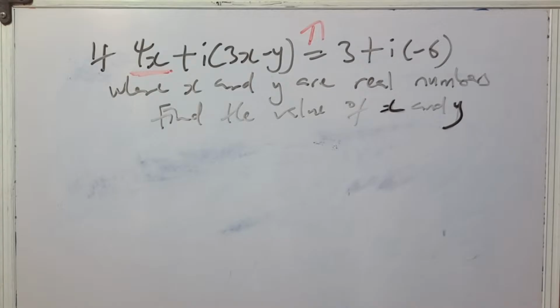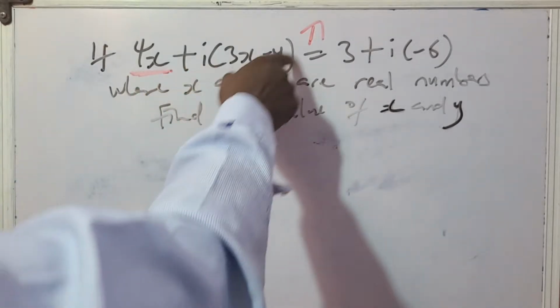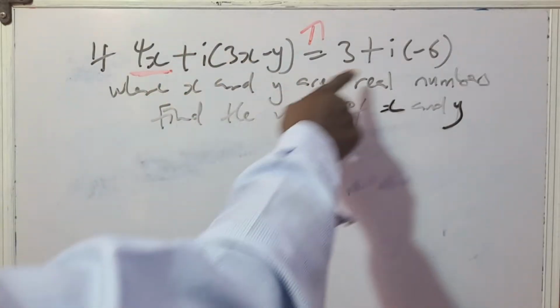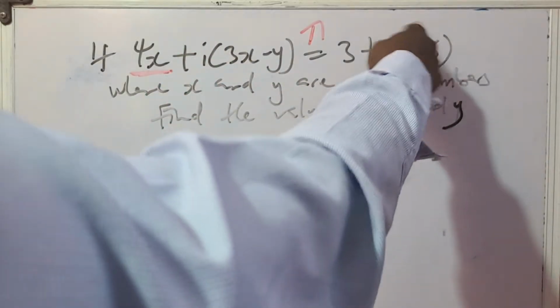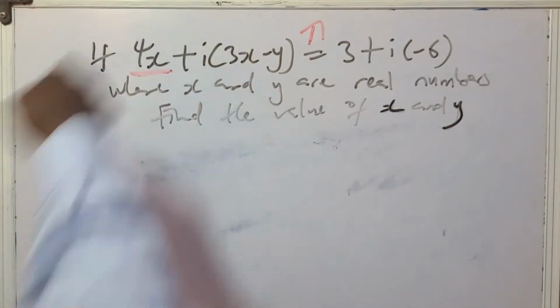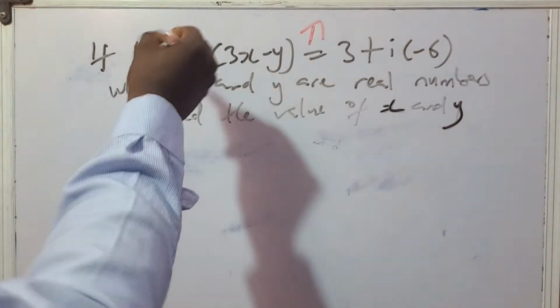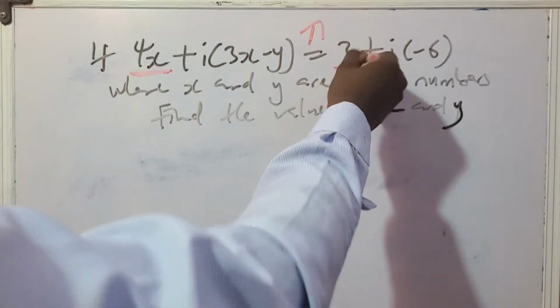That's how you recognize the real part of any complex number. You can see i right here, so this is the imaginary part for the first complex number, whereas this is the imaginary part for the second. So 4x represents the real part here, whereas 3 represents the real part of the second one.